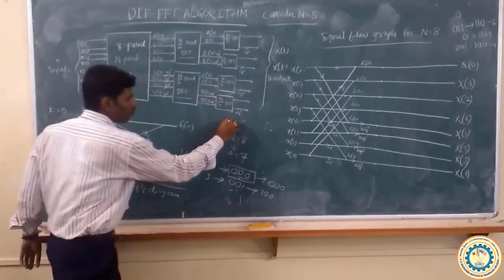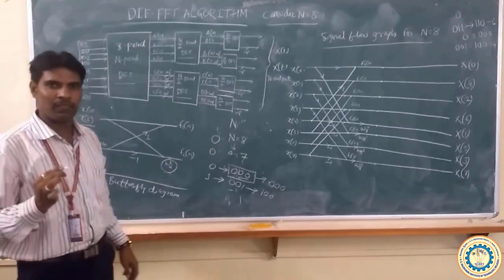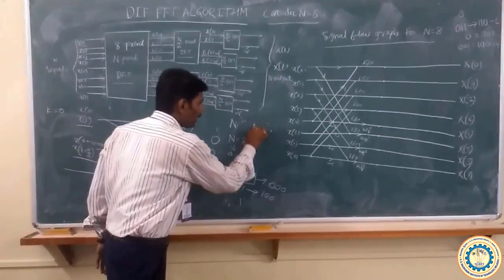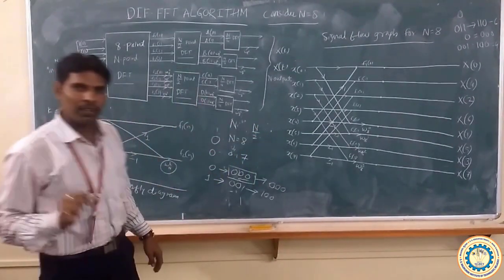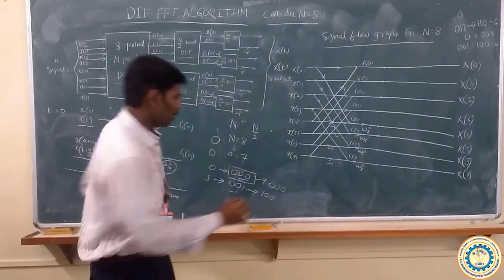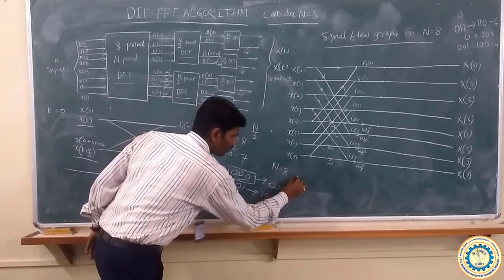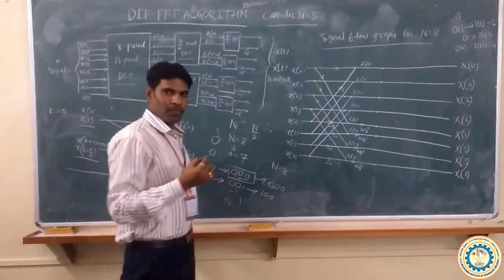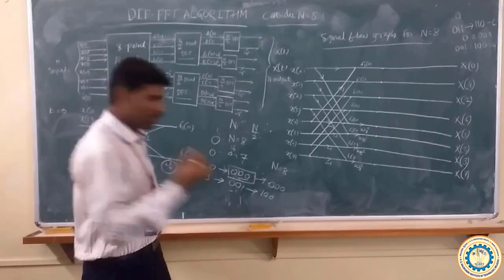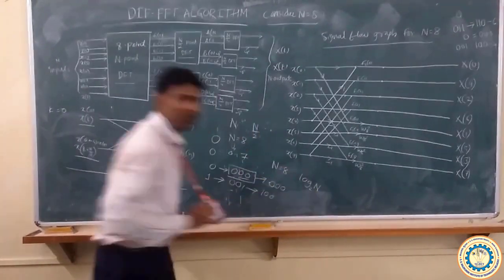If we are computing an N-point DFT, there will be N by 2 butterfly diagrams for each stage, and we have log N to the base 2 stages.